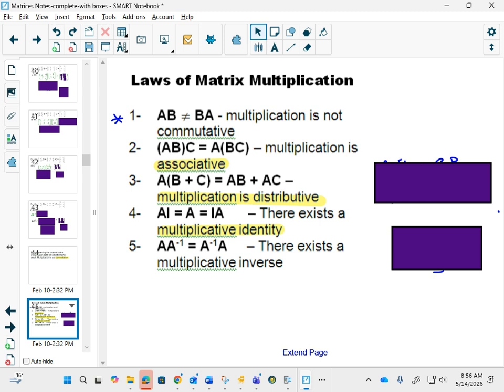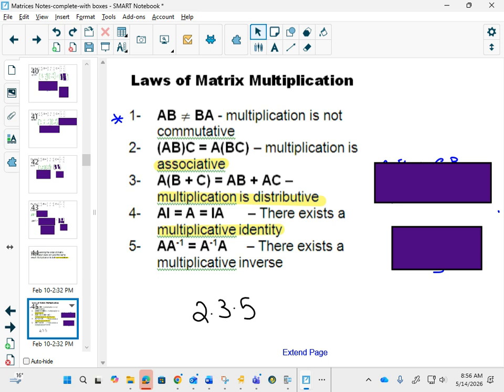But A times B times C is the same as A times B times C, grouped either way. This is the associative property in mathematics. It doesn't matter, right? When you do 2 times 3 times 5, you could do the 2 times 3 first and get 6, and then 6 times 5 and get 30.